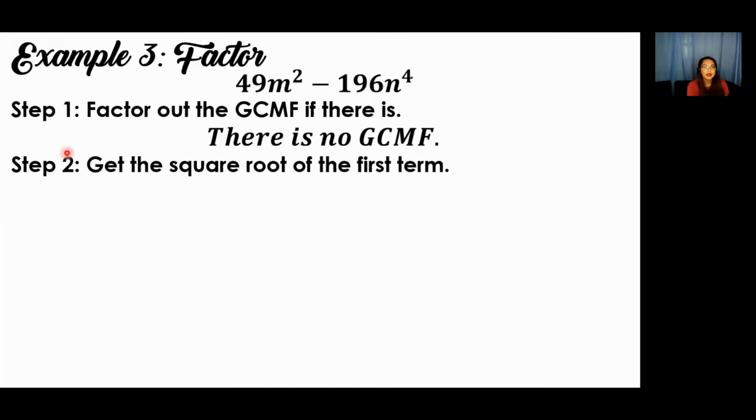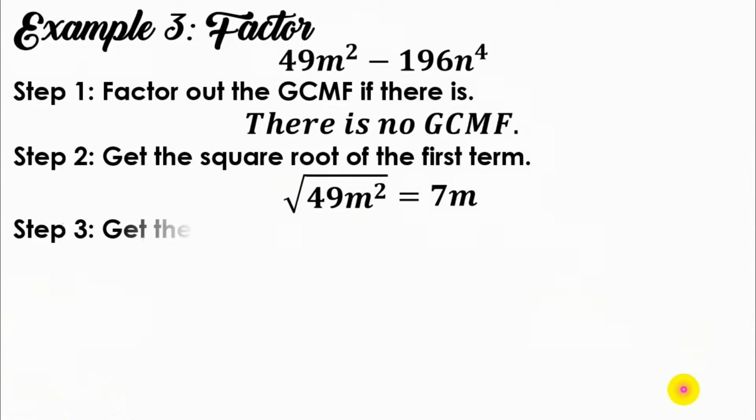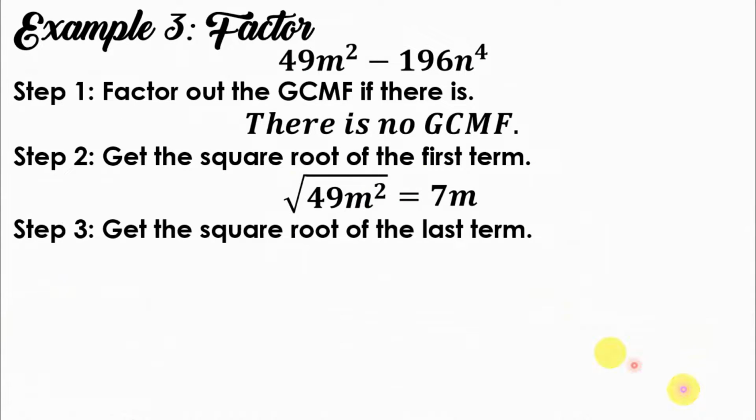Next, step number 2, get the square root of the first term. So, ang first term natin is 49m squared. What is the square root of 49? That is 7. And the square root of m squared is m. Okay, for step number 3, we have to get the square root of the last term. The last term is 196n to the fourth power.